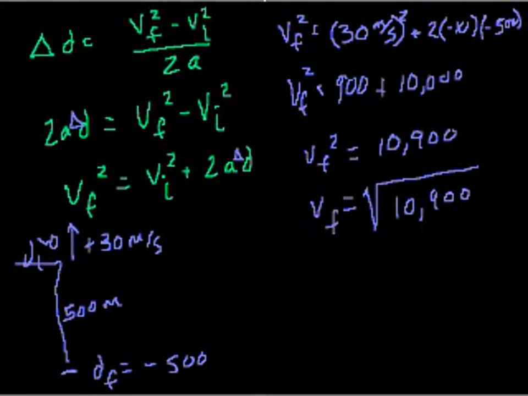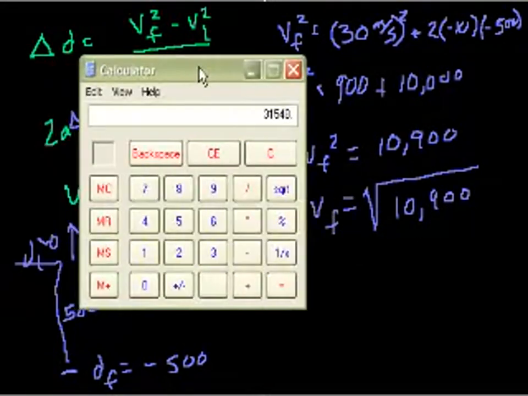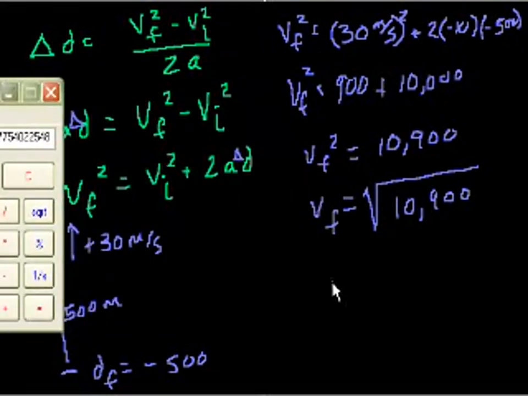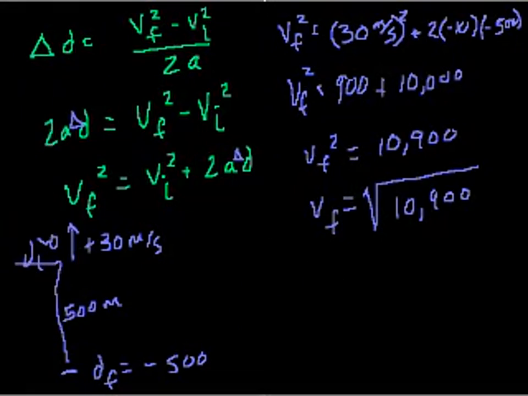So what is that? Well, let me bring over my trusty Windows provided default calculator. Let's see, 10,900 square root. So it's about 104 meters per second. So my final velocity is approximately 104 meters per second.